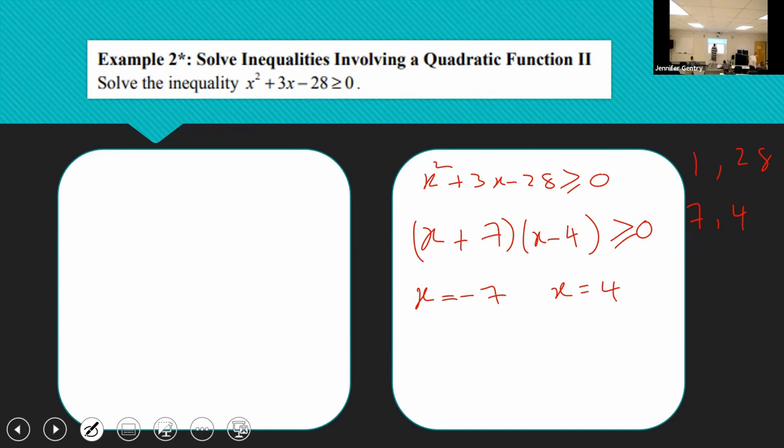Now, how do we know if it is this? Every time we just split the signs. From here to here, yes. How do I know if it's A or B?